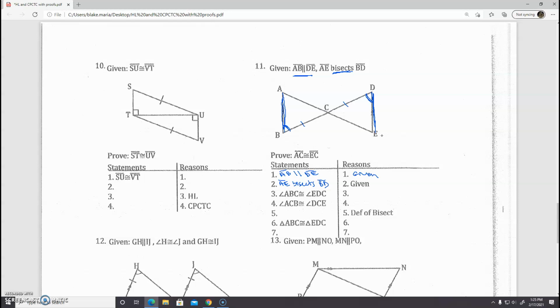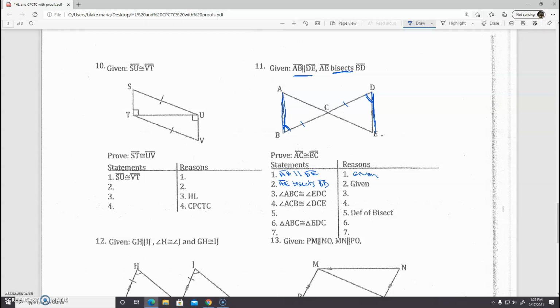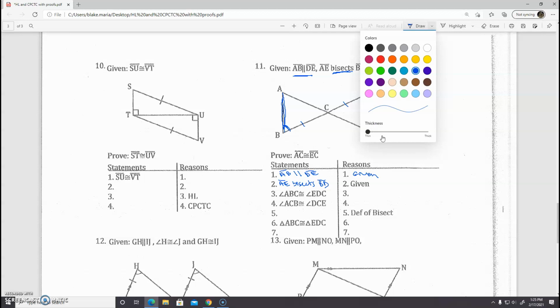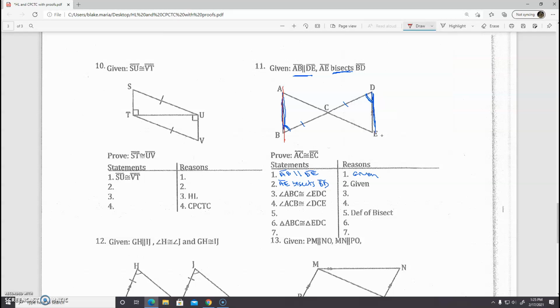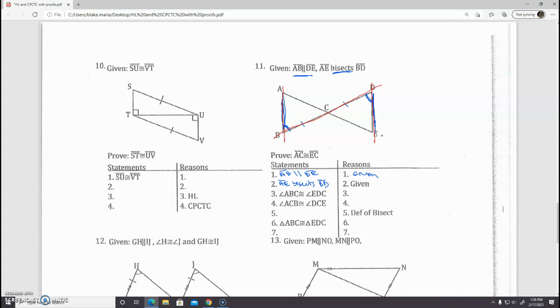You might say, Ms. Blake, how do we know those are equal? All right, what's my reason? So let's go back to parallel lines. So if you have parallel lines cut by a transversal, alternate interior angles are equal. So alternate interior angles theorem. All right. Same thing with the other. I lied. Not same thing.